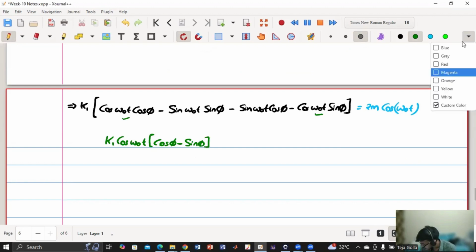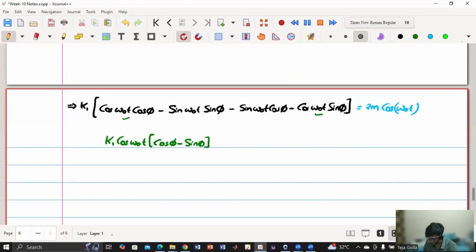Now I'll segregate the K1 sin omega naught t. So minus K1 sin omega naught t. So this term and this one. So we'll have sin phi plus cos phi is equals to 2 milli cos omega naught t.